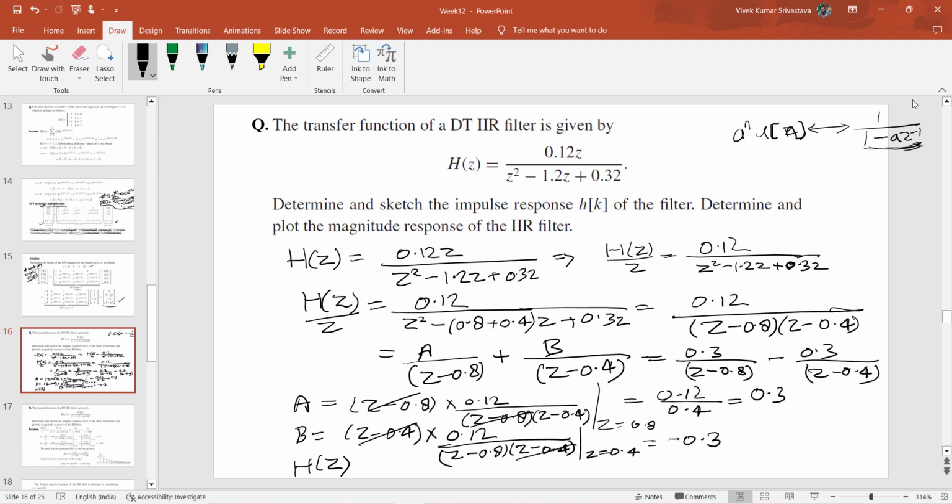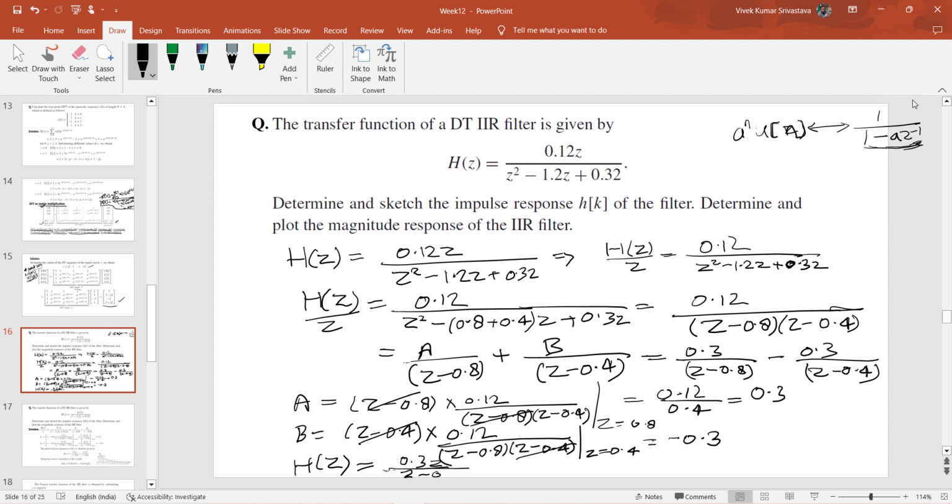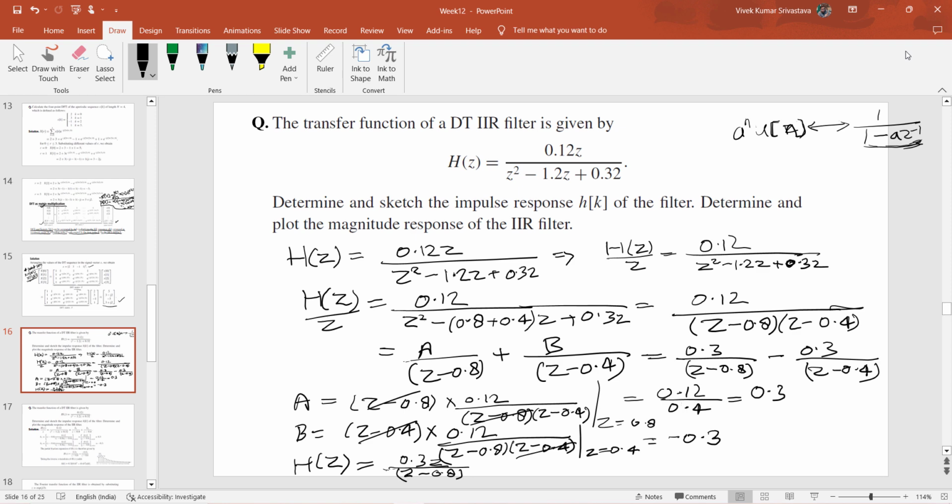Now we can multiply both sides by z. So this H of z we can write as 0.3 z over z minus 0.8, minus 0.3 z over z minus 0.4.